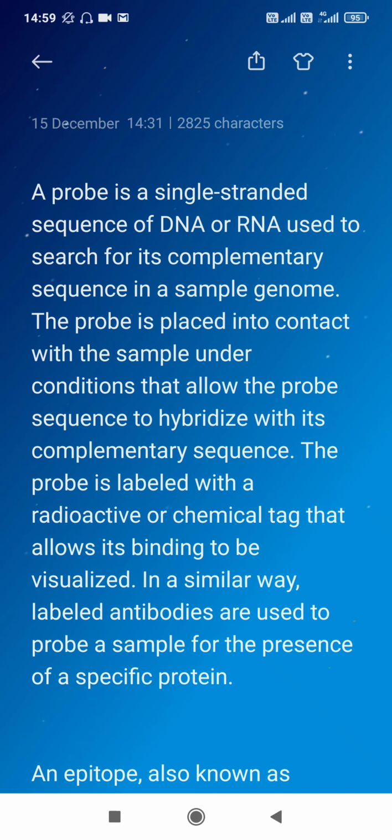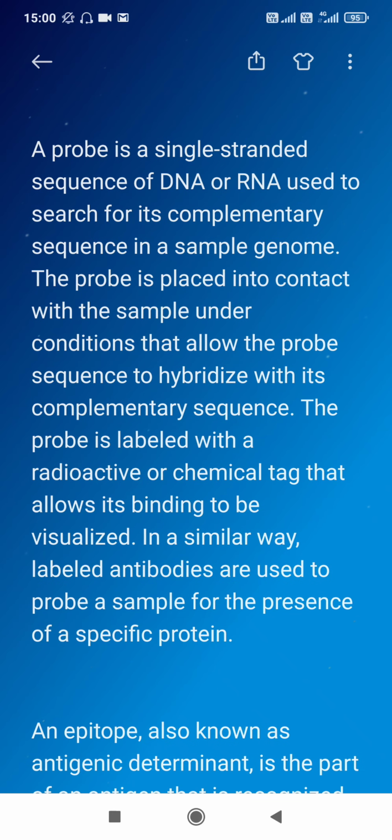Just like a primer, a probe is almost the same thing, but there is a little difference that we will see later on. So probe is a single-stranded sequence made up of DNA or RNA. Here we will use a DNA probe so that it can bind our target DNA sequence and search for its complementary sequence in the sample genome.